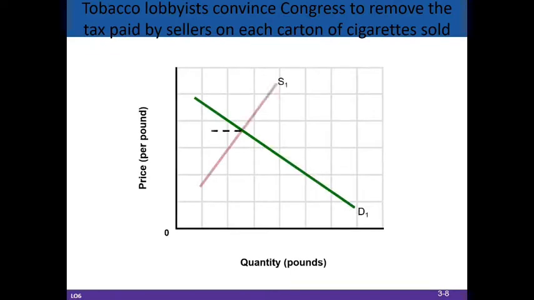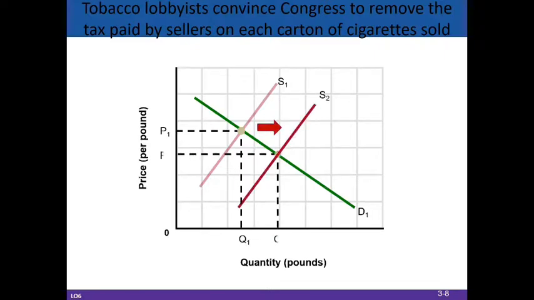Tobacco lobbyists convinced Congress to remove the tax paid by the sellers on each carton of cigarettes sold. This is about supply, taxes. If it's on the sellers, it will increase the cost.